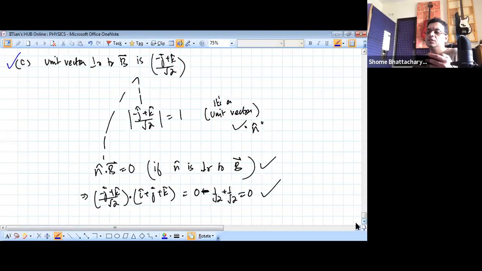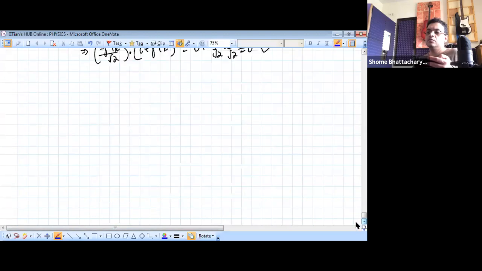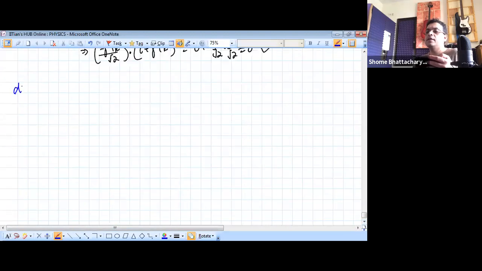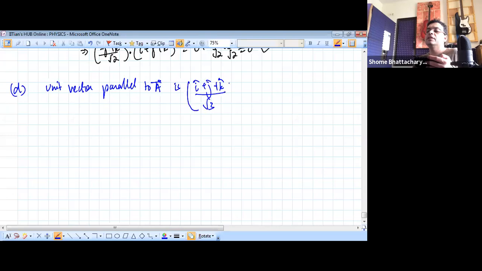Whereas option D, you will see, is the one which is not correct, because it directly contradicts what we calculated in option B. So it says that the unit vector parallel to A is i cap plus j cap plus k cap by root 3. Now you can see that this is a unit vector, but it's not the correct one, because the unit vector parallel to A should be A cap.